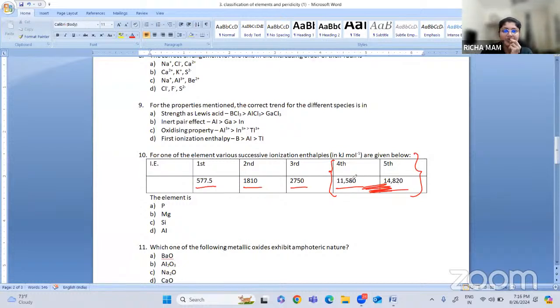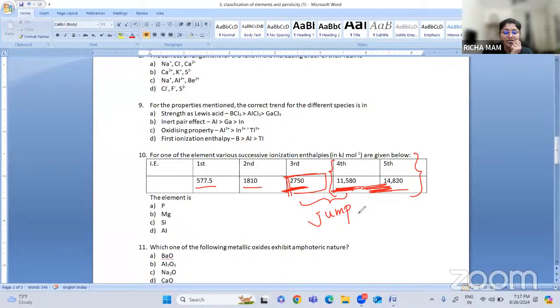When you compare the data, between the third and fourth, this is 3,000 and here it is 11,000. So much of a jump, right? Between the third and fourth there is a higher jump in the values.